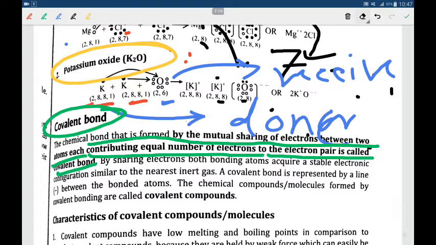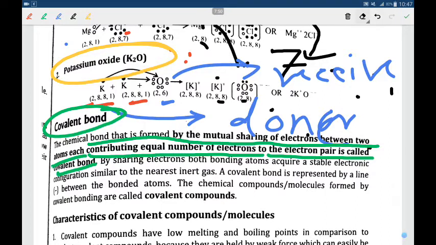Okay, sharing. And where do we get this covalent bond? It is found between non-metals and non-metals. Keep in mind, electrovalent bond is found between metals and non-metals. Covalent bond is found between non-metals and non-metals, because non-metals can share electrons.